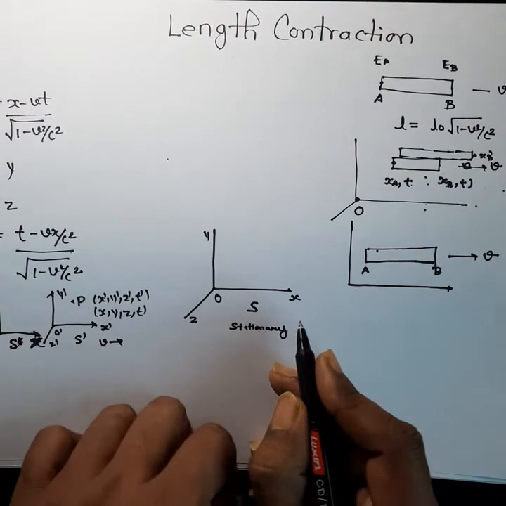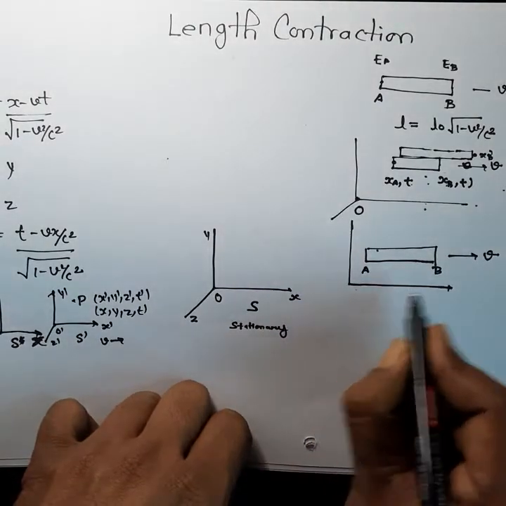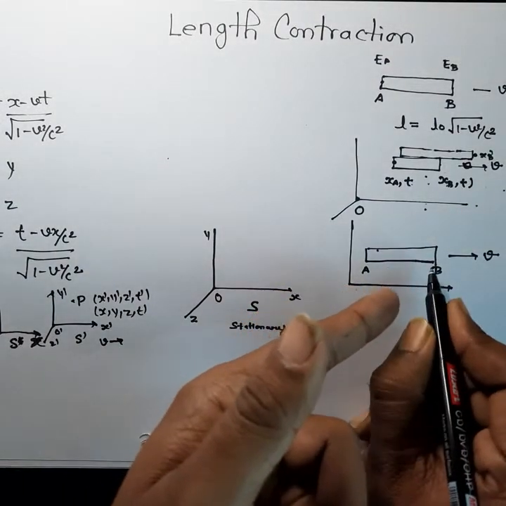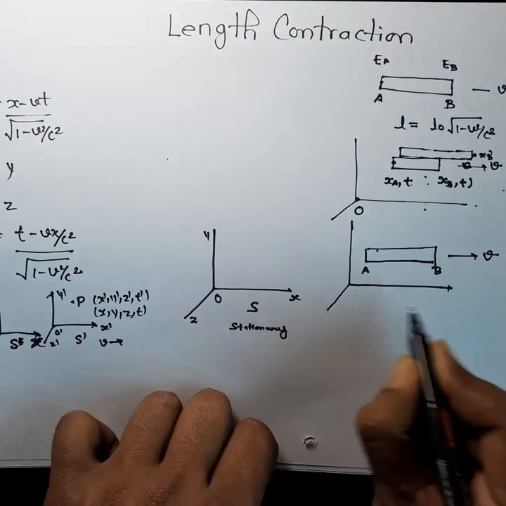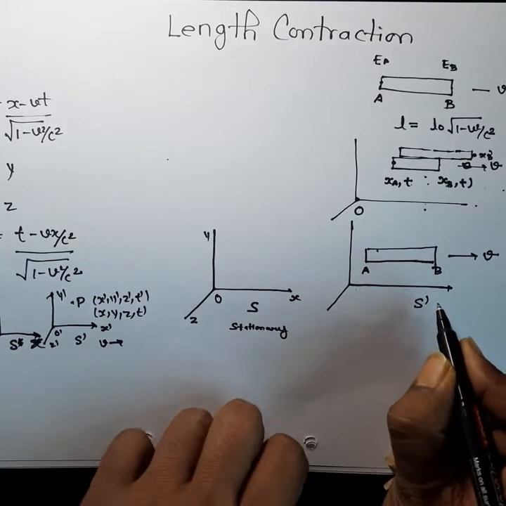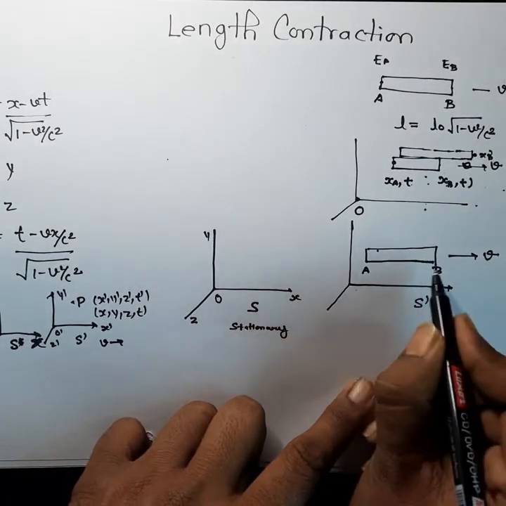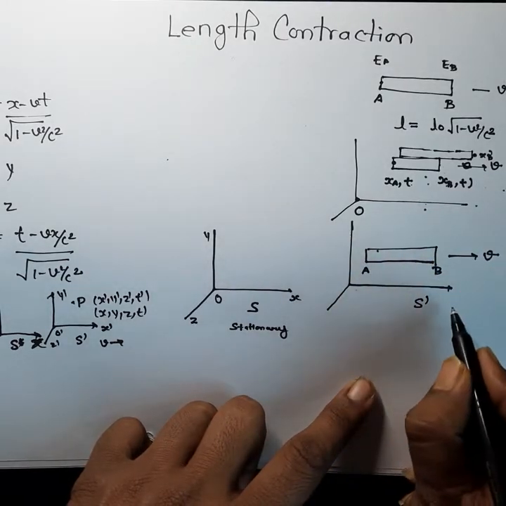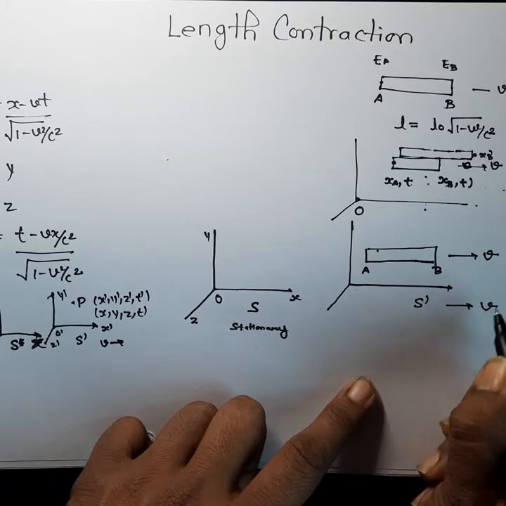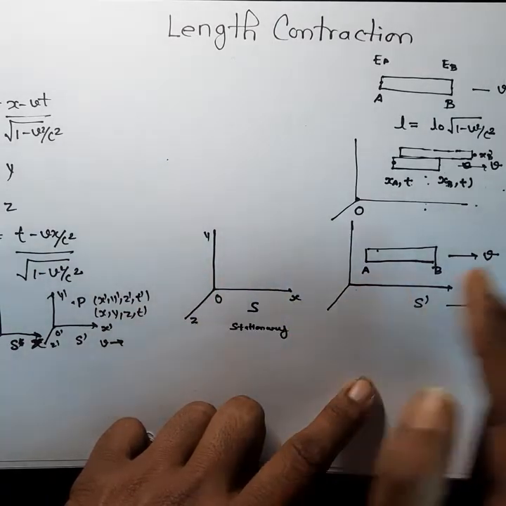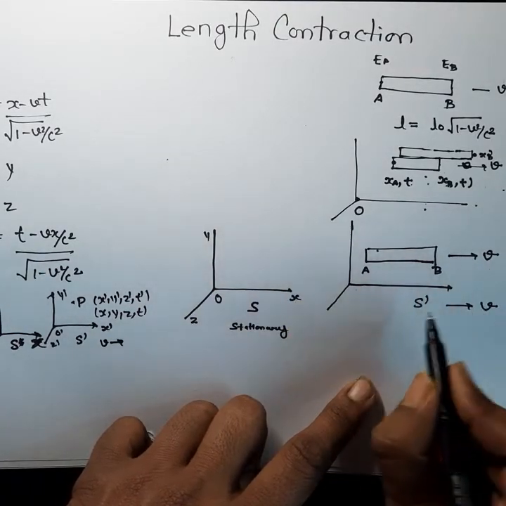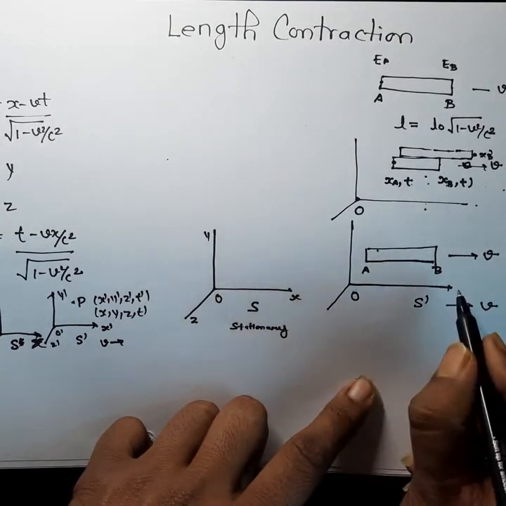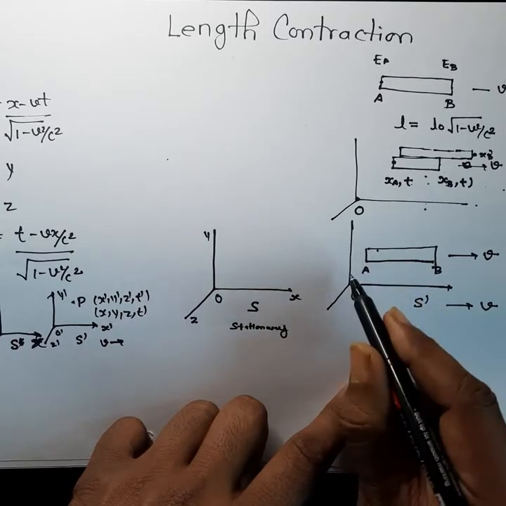Similarly, you can associate a frame of reference with this rod. Suppose this is S dash frame of reference which is associated with this rod. This means S dash is also moving with velocity v with respect to S. In that case, suppose the observer is here and this is the coordinate frame of reference associated with him.